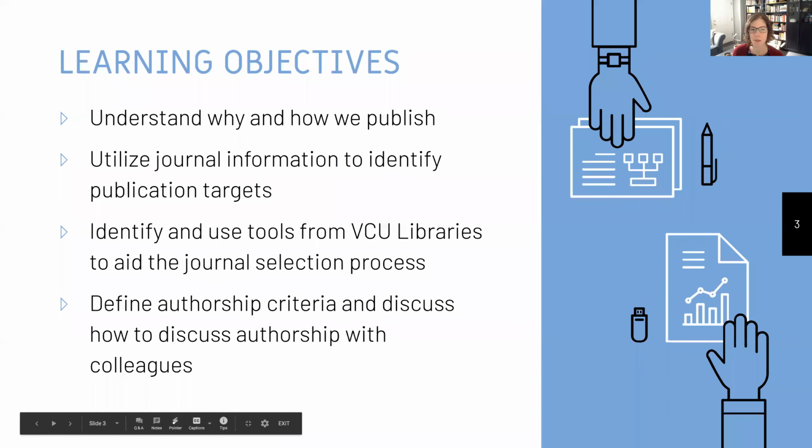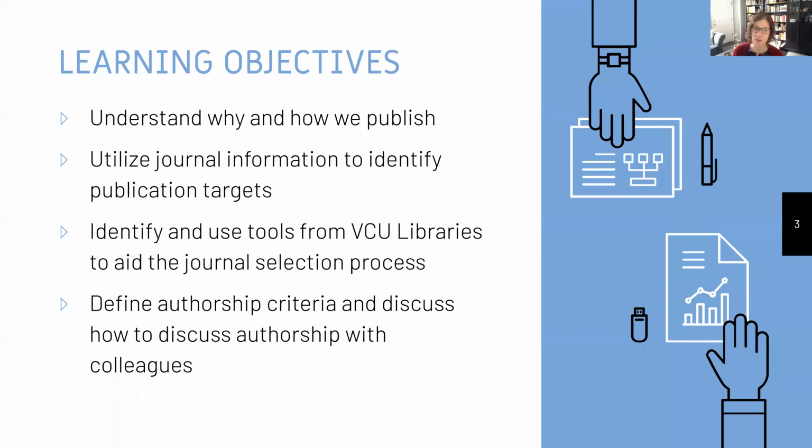This is so you'll be better prepared to navigate some of these changes that are happening. Then we'll look at some of the ways you can identify journals that are relevant to your research and start to narrow your options, as well as tools from VCU libraries that can help with this process. And last, we're going to define authorship criteria, or in other words, who gets to add their name to the paper, and share some tips for discussing authorship with your co-authors if you have them.